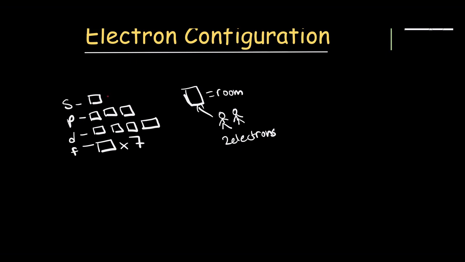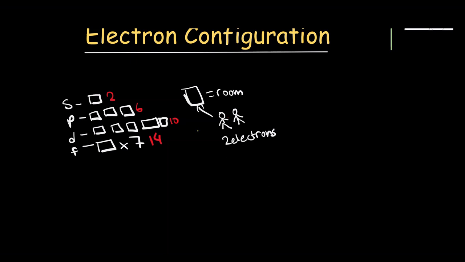So for s, we can have 2. For p, we can have 6. For d, we can have 10. There should be one more. Yep, this is 5, 5 orbitals in the d subshell, 10. And for f, we have 14, okay?